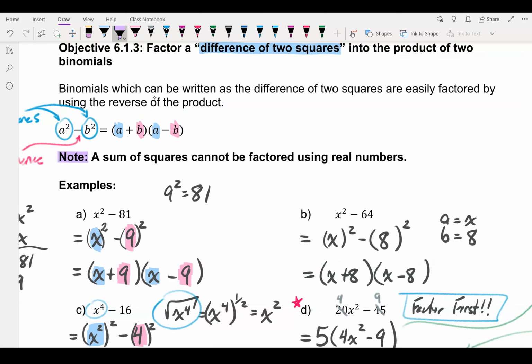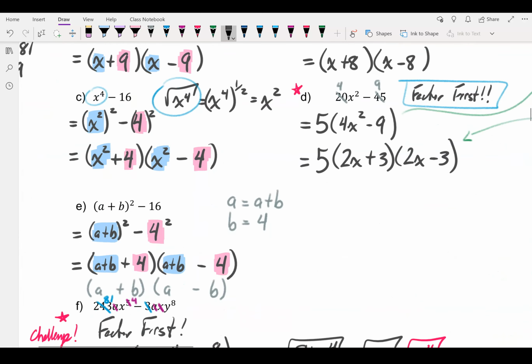The note here: a sum of squares cannot be factored using real numbers. Something like this can't be factored with real numbers. It actually means we need to use complex numbers, and you won't get into complex numbers until at least the next math course. So for now, we'll just be dealing with difference of squares, and that's it.